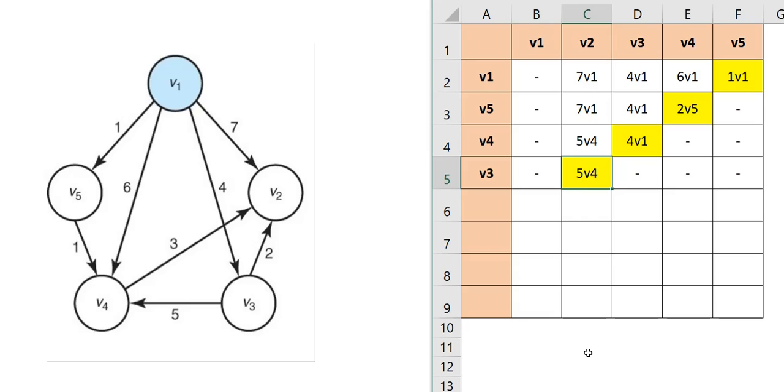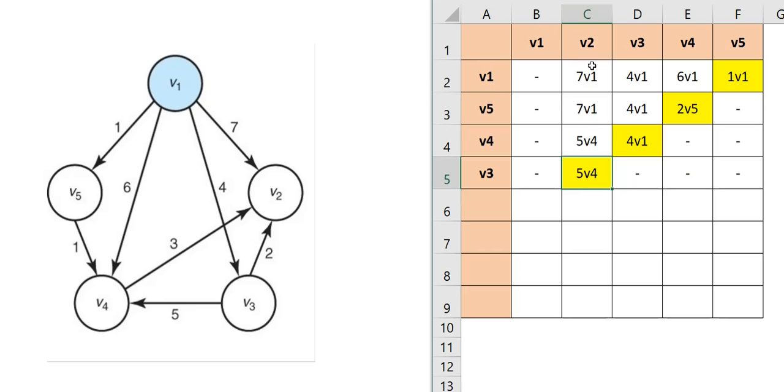But you must be asking, how are we going to get the distance from this solution or this matrix? Let's say we want to know the shortest distance from V1 to V2. Looking at this graph is difficult, so we have to rely on the solution.